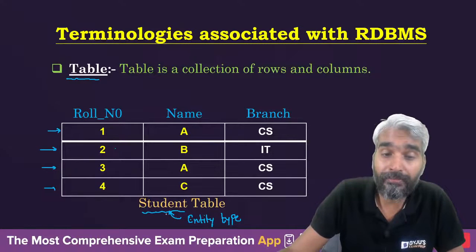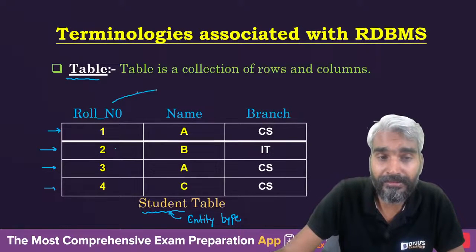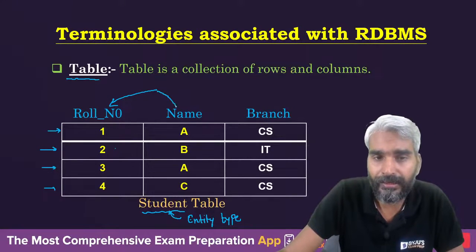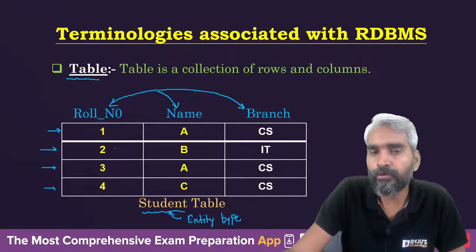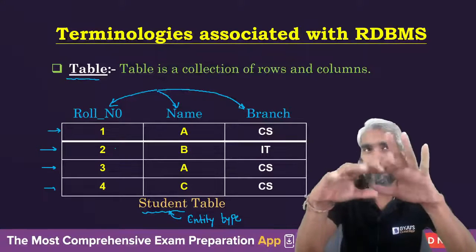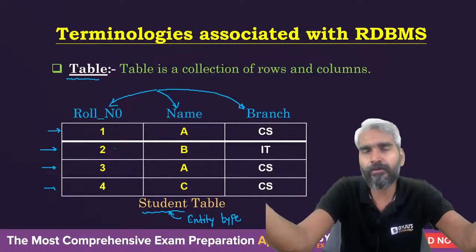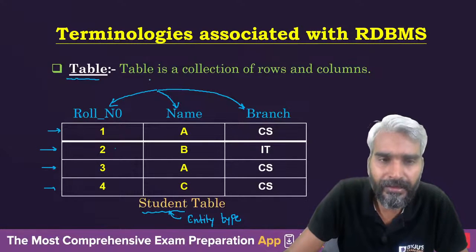So the student table is the entity type. Entity type will have attributes. These are known as attributes of that entity, which will be used to define that particular entity, so that you can uniquely identify a particular entity if you know the following attributes, right? So these are the attributes.